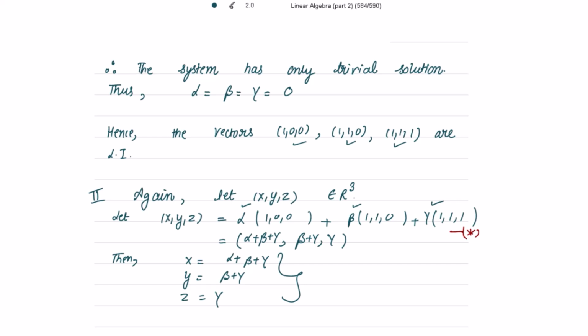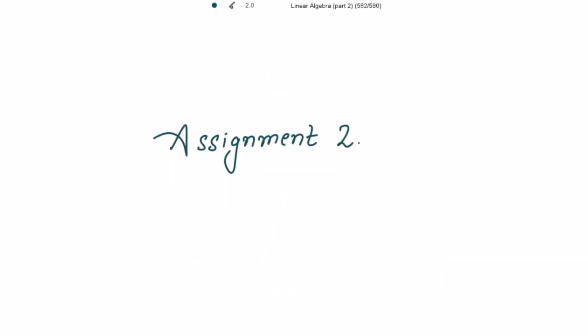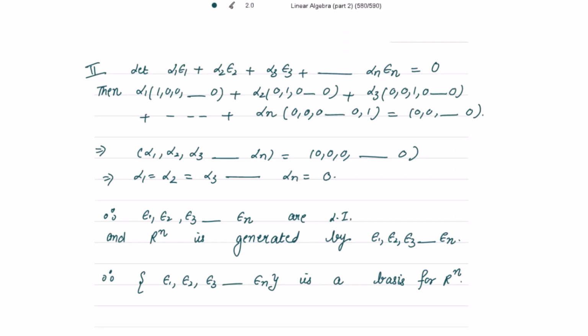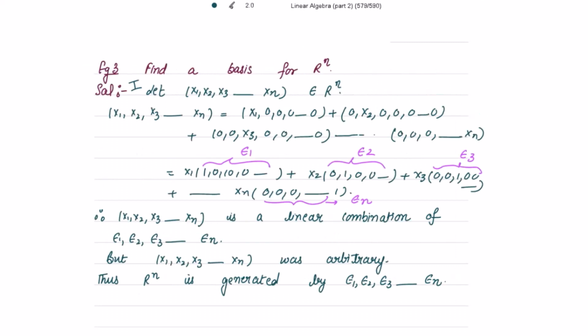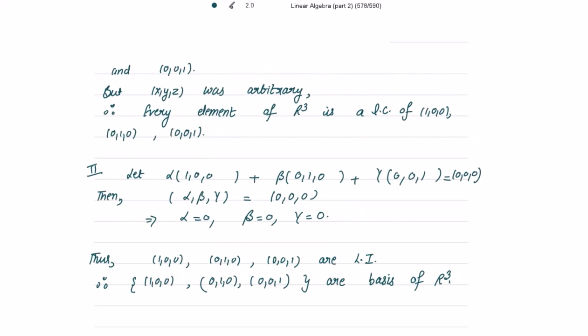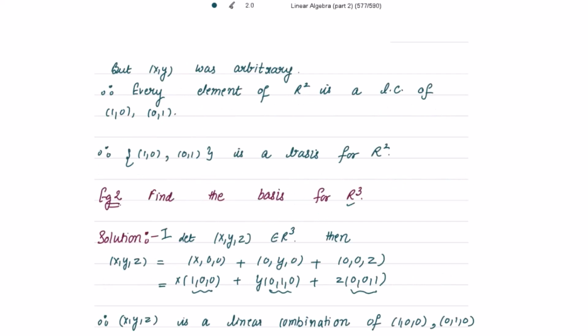Then only I can say that (x, y, z) is a linear combination of all these. Because so far in the previous examples, as in assignment 1, we have always written (x, y, z) as the linear combination of these vectors. Whenever you write the linear combination of these vectors, this should be in the form of x, y, z.